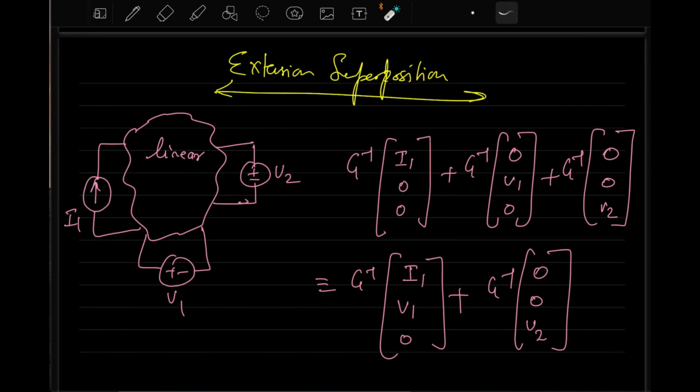Like it has to be counted only once. That is important. So it's not that you will do like this. This is not correct. As you can see, mathematically also it's not correct. So the important thing is, whatever voltage sources and current sources you have, you have to count them only a single time and not multiple times.